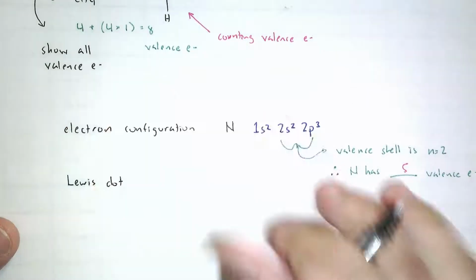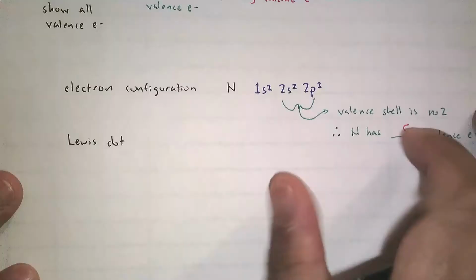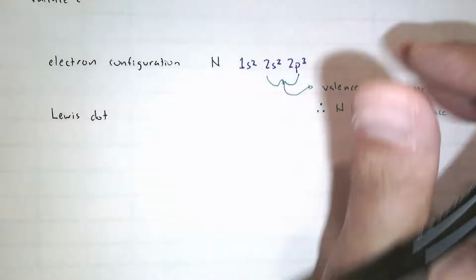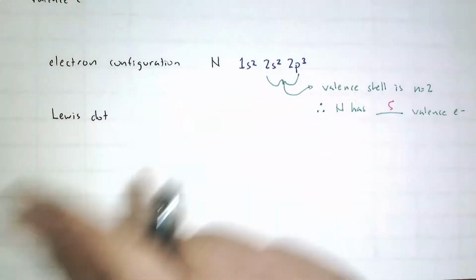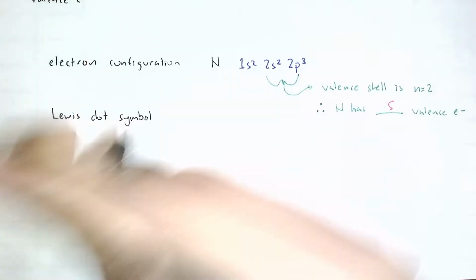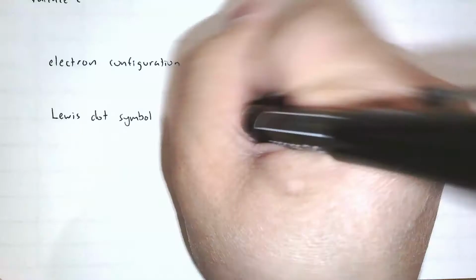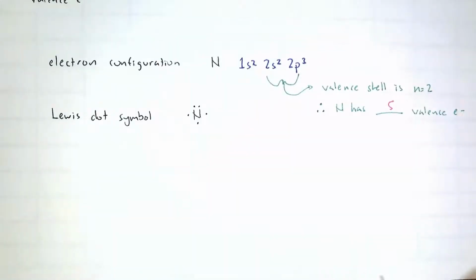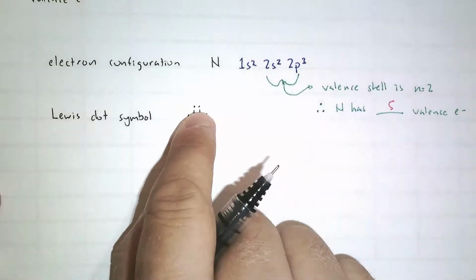It's also important to make sure these terms are very clear in your head, because you don't want to answer a problem on an exam with the electron configuration when they really wanted the Lewis dot symbol. So you have to know what they mean by Lewis dot symbol. It's the notation where you show the valence electrons as dots. It doesn't matter where you put the pair.